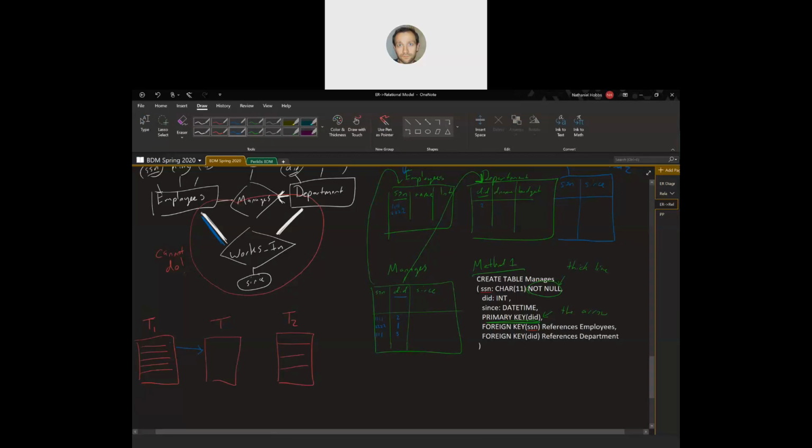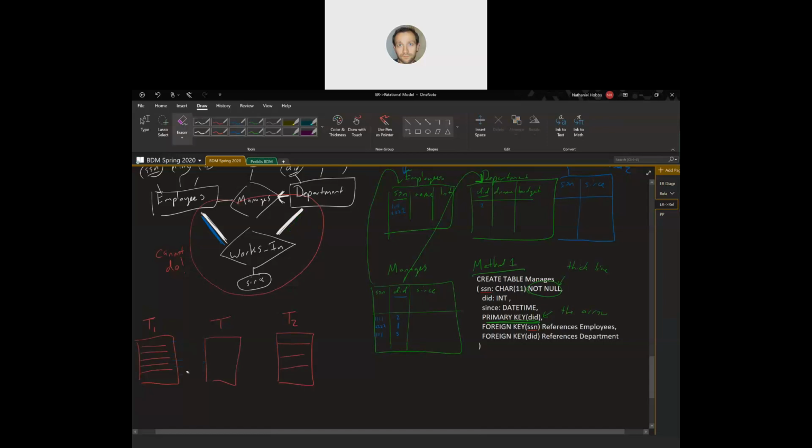So each entry here must appear somewhere in this table. At the same time, this thick line, well, no. I don't think you need that.